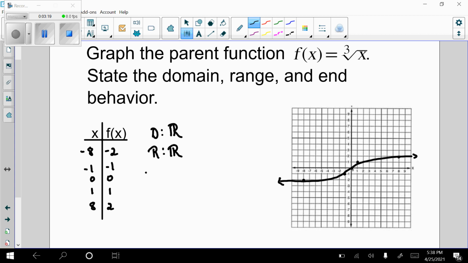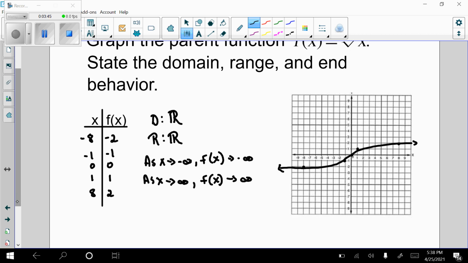For my end behavior, I have both left and right. As x goes to negative infinity, f of x is also going to negative infinity. And as x goes to positive infinity, f of x is also going to positive infinity very slowly, but the y values are getting larger and larger.